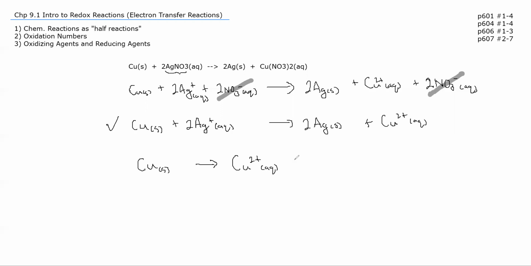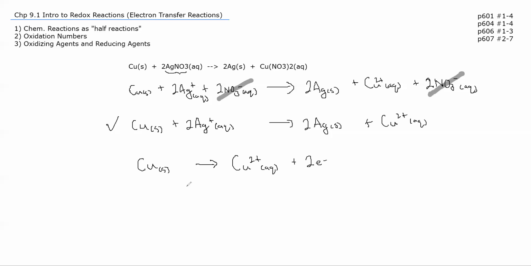How did it gain a 2 plus? Well, if you use your grade 9, 10, and 11 chemistry skills, you would say that it lost 2 electrons. So Cu2+ and 2 electrons would equal copper atoms, right?